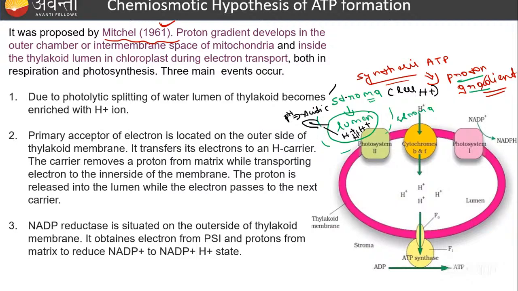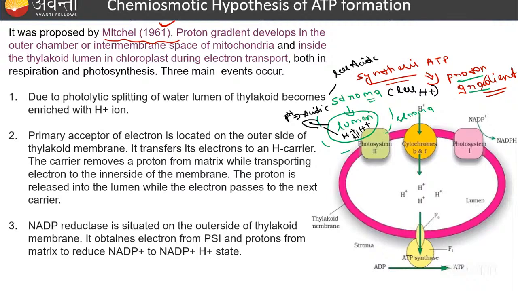Coming to the stroma, it has the less acidic pH, right? Now I told you this gradient is required for ATP synthesis. The lumen has more hydrogen ions and a lower pH, and the stroma has fewer protons and a higher pH.